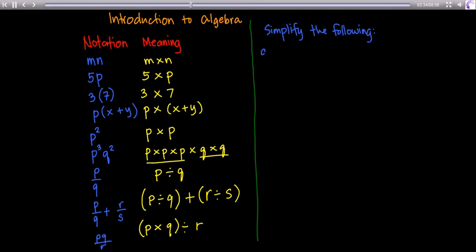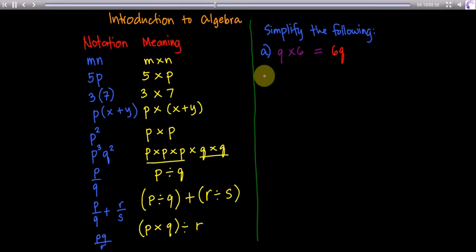Letter A. Q times 6. What is Q times 6? When we simplify, maybe we think of Q6. But always remember that we should write the number first, then the variable. So this will be equal to 6q.